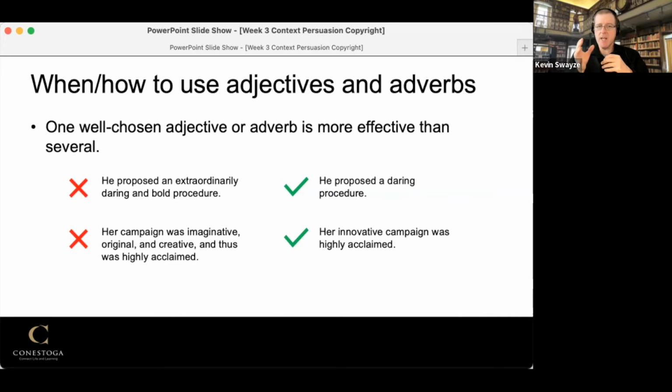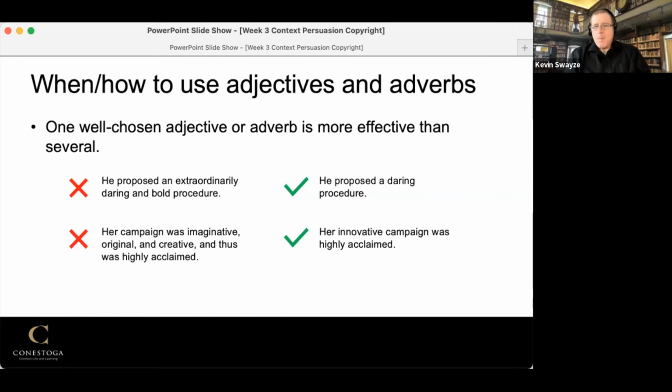That's an adjective because the procedure is the thing, the procedure is the noun, and he's describing what kind of procedure. Second one, her campaign was imaginative, original, and creative, and thus highly acclaimed. Just use, in this case, her innovative campaign was highly acclaimed. Highly is the adverb for acclaimed.